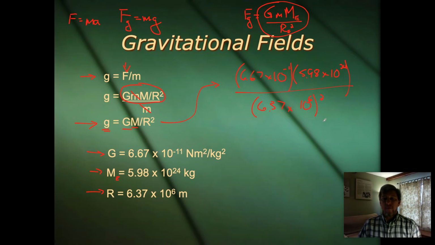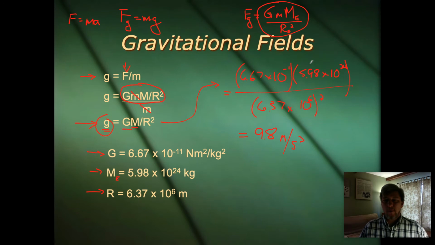Now, if you take a minute here and plug all these numbers into your calculator, 6.67 times 10 to the negative 11th times 5.98 times 10 to the 24th divided by 6.37 times 10 to the 6th squared, guess what you get? This equals 9.8-ish, rounded of course, meters per second squared.